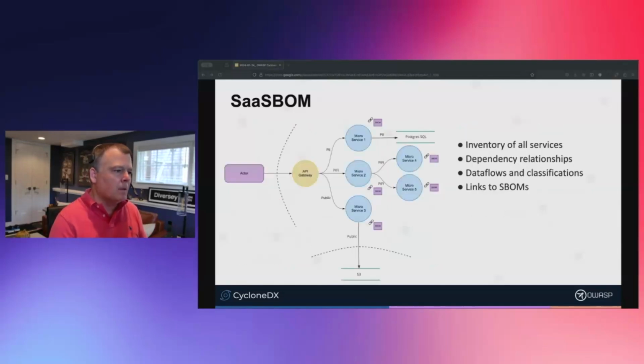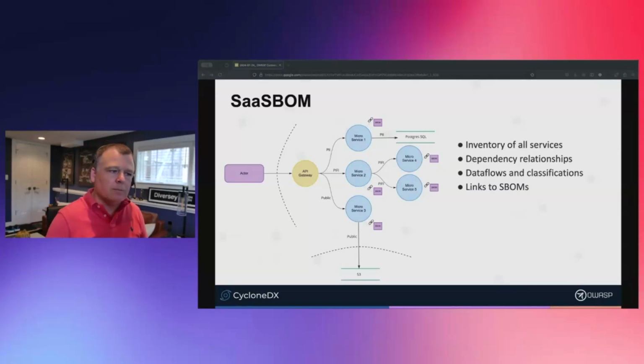But if you had a SaaSBOM, a true SaaSBOM, right? You could describe, in this particular example, 5 different microservices, an API gateway, etc. You could describe a very simple environment such as this, or something much, much more complex.